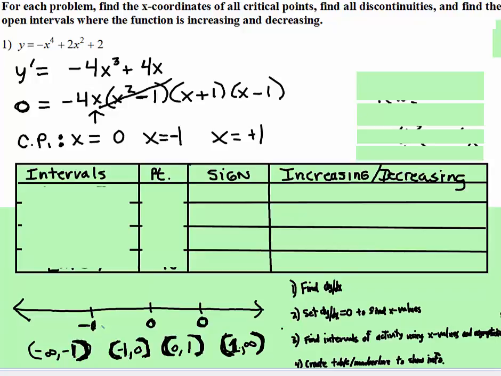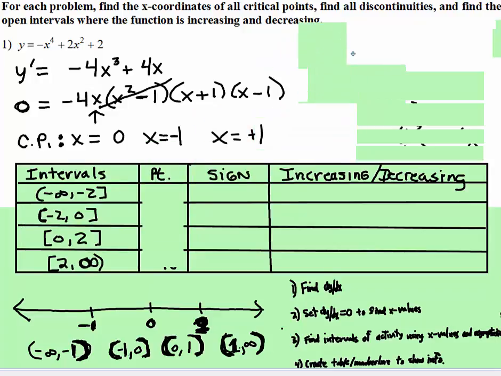Then between negative 1 and 0, between 0 and positive 1, and from 1 to positive infinity. So we have 4 intervals there that we have to deal with. I had done an earlier problem and forgot to change this, so we need to change all of those. Sorry about that, this is going to take a minute.